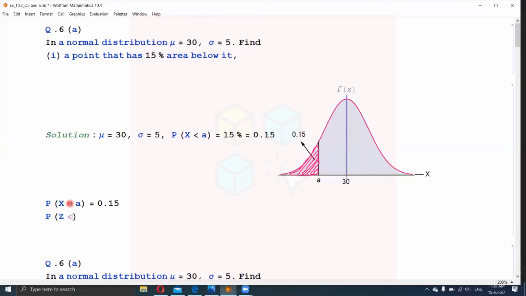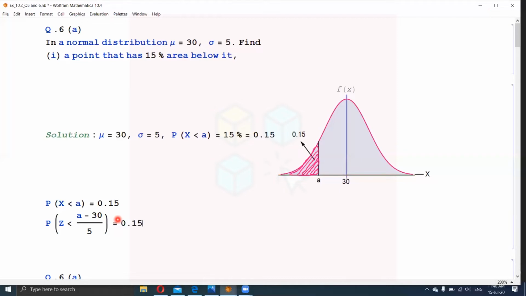Now x will be converted into the z-score, and z is obtained by the standardized expression A minus mu. In our case, mu is 30, divided by sigma, which is 5. The expression of the standardized variate is equal to 15%, which is equal to 0.15.